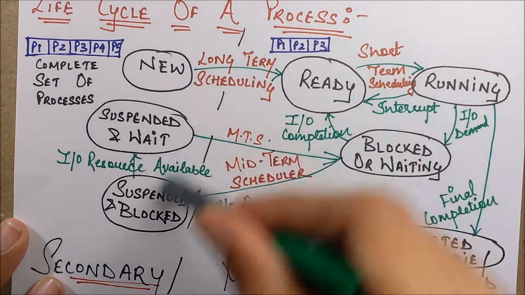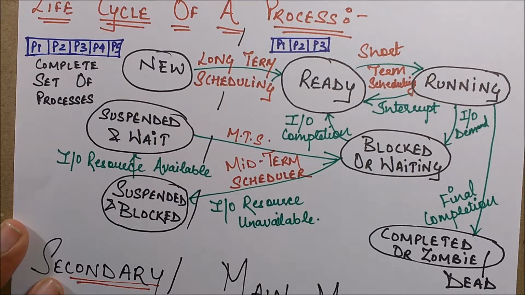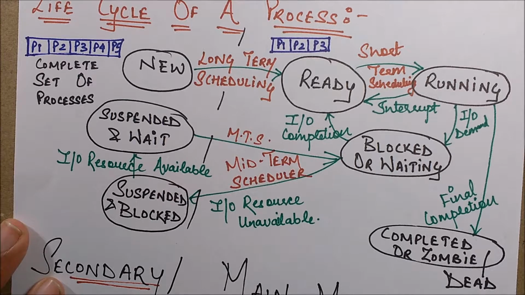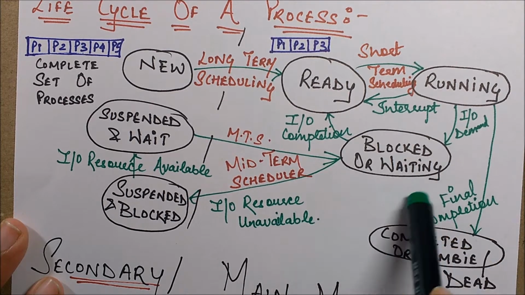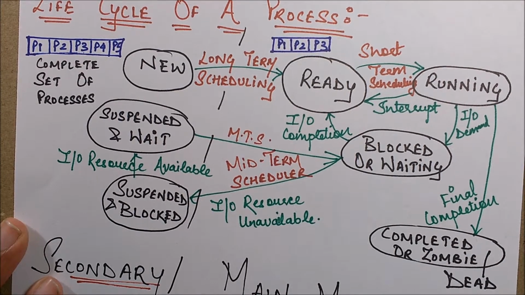This portion represents your main memory, and this represents your secondary memory. So the mid-term scheduler comes into play at that point, and what it does is move those processes which are waiting for an input output resource that is unavailable right now.